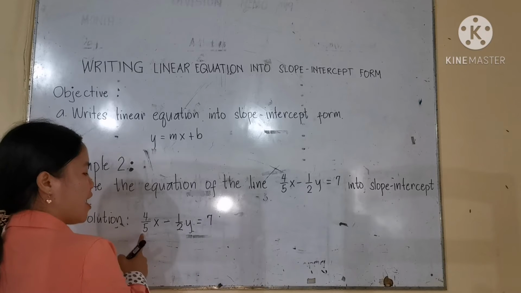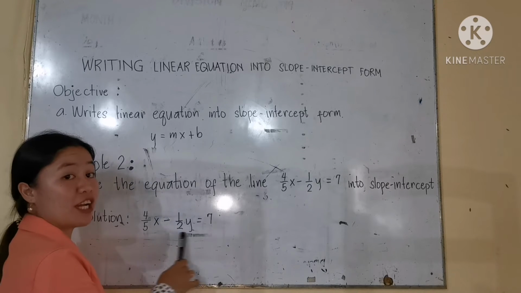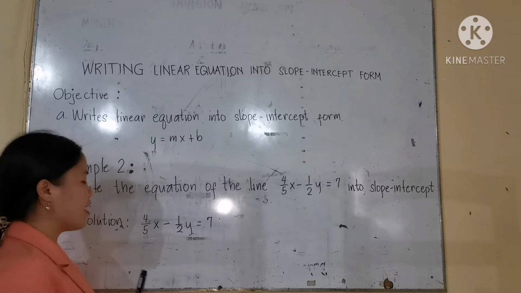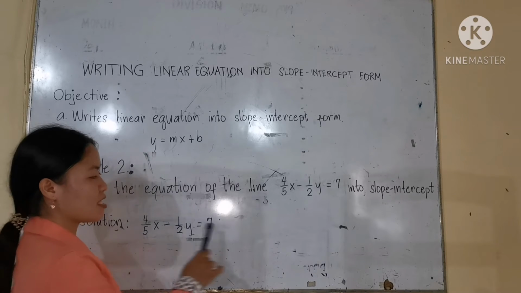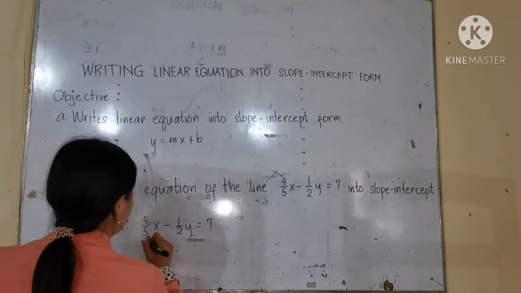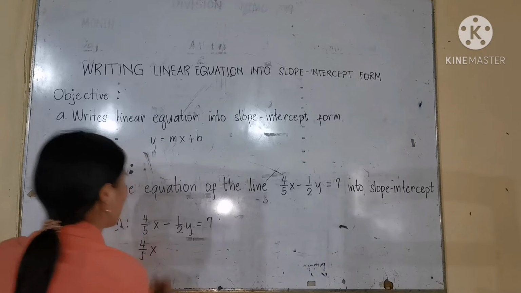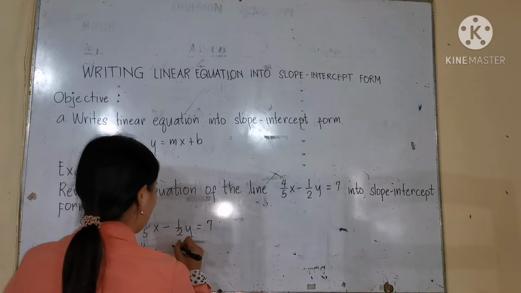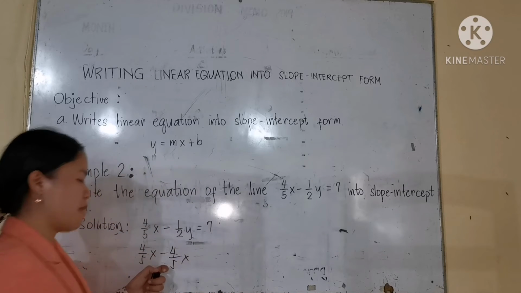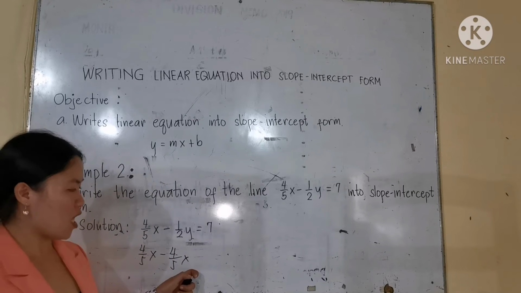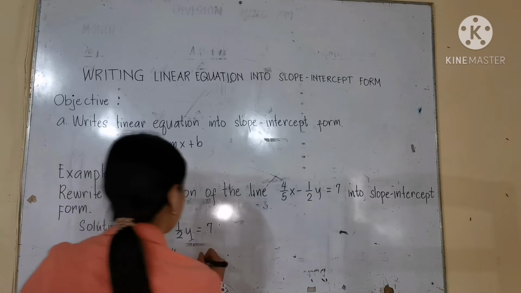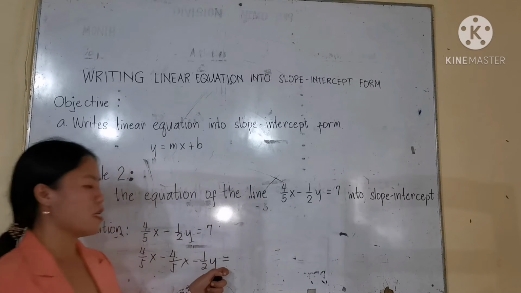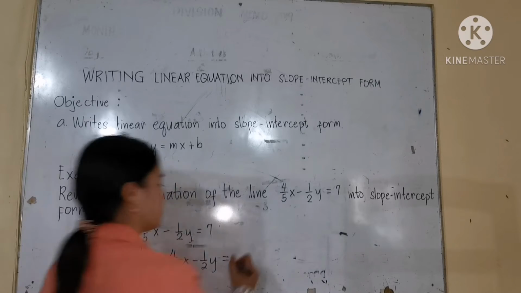So we will add negative 4/5 x in this equation in the left side, and we're going to add also negative 4/5 x in this side. 4/5 x minus 4/5 x plus negative 1/2 y equals, we write the 7.